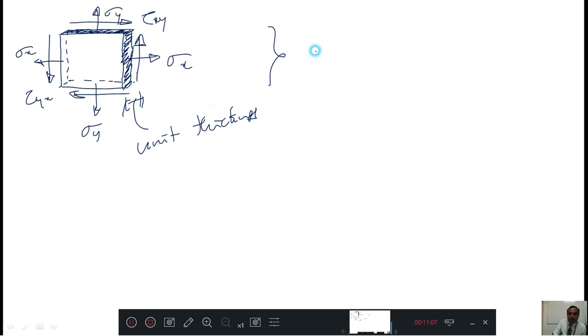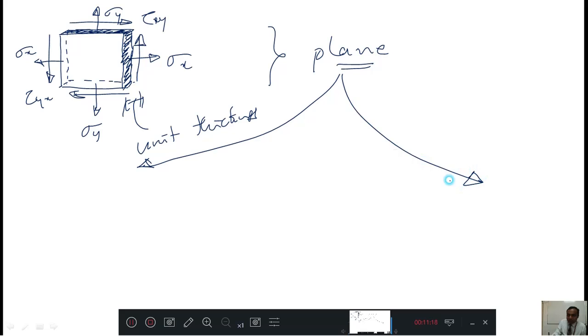Now this becomes a plane, right? It is not a 3D space, it is a plane. Having this plane word, we have two types of theories: one is plane stress theory, and plane strain theory.